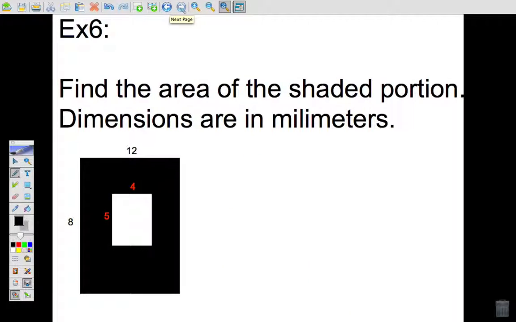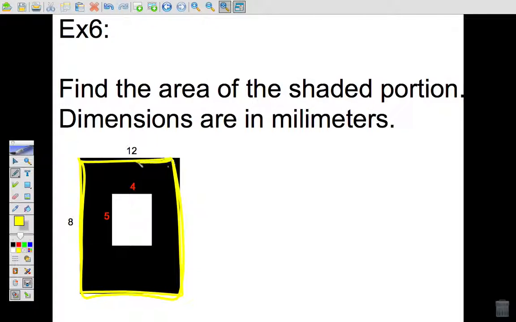Another example. Okay, find the area of the shaded portion, or in other words, the black. So first thing we do, find the area of the whole thing. What's the area of this whole thing? It's 12 by 8. So 12 by 8, what do we get on that? 96.